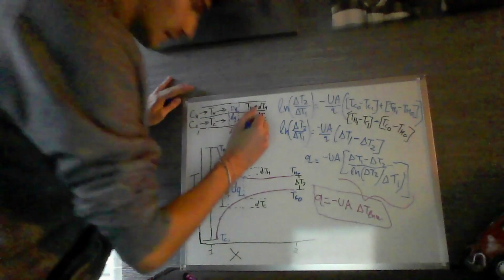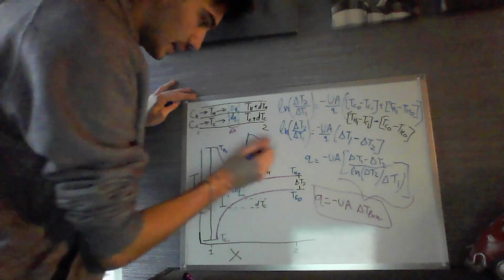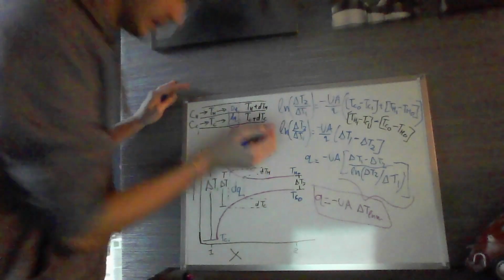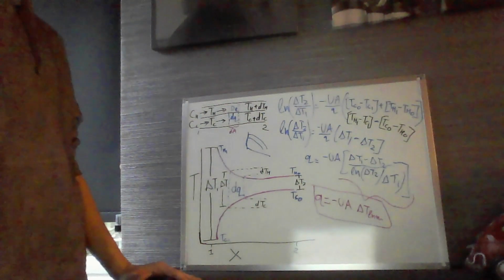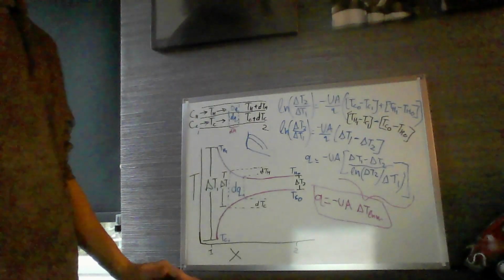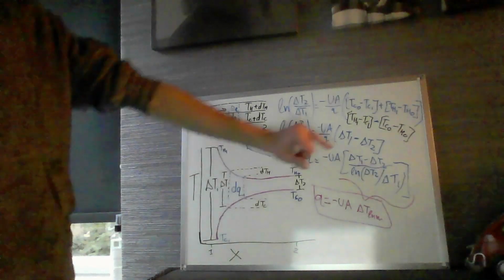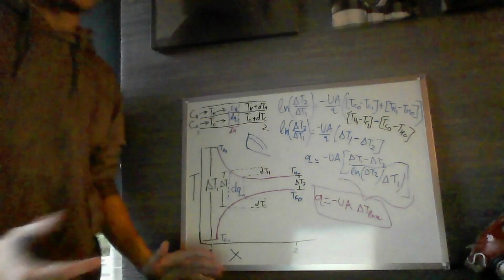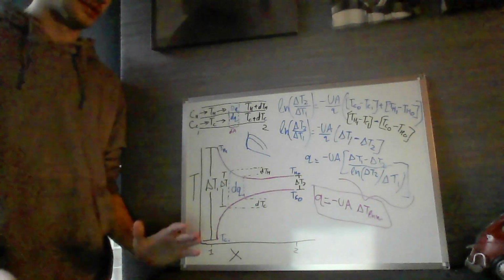What it would look like is we would have the hot one going down, and the cold one going up, but we can still use this expression because we use it in terms of T1 and T2, and they can apply in terms of T1 and T2 accordingly.